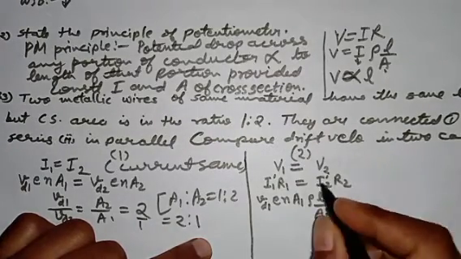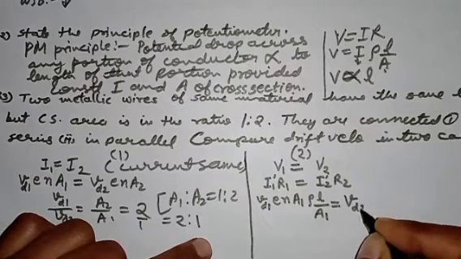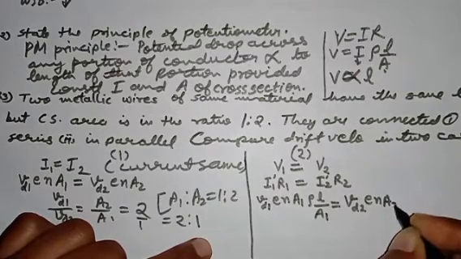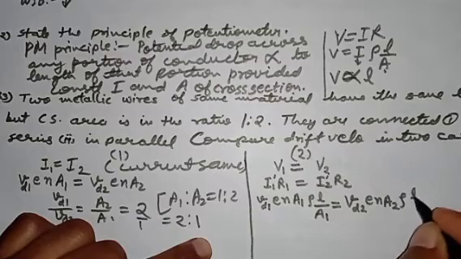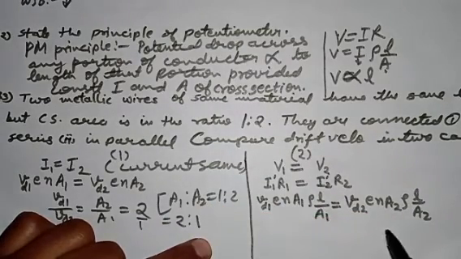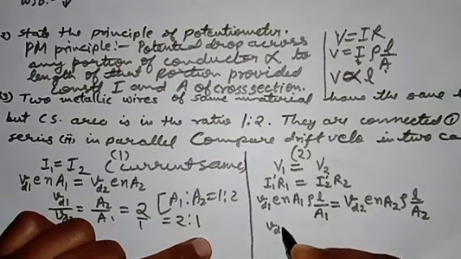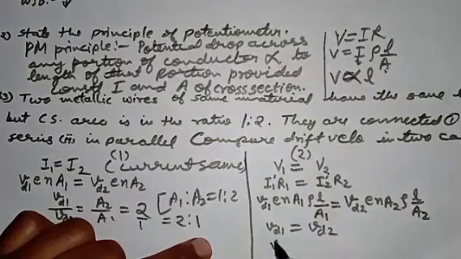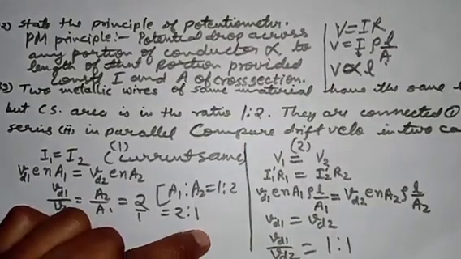And now I2 vd2, e n A2 and rho L upon A2. Length is the same, so that is why I have written L on both sides. Now everything is going to be cancelled out. So vd1 is equal to vd2. So vd1 by vd2 is equal to 1 is to 1. That's all. Bye bye.